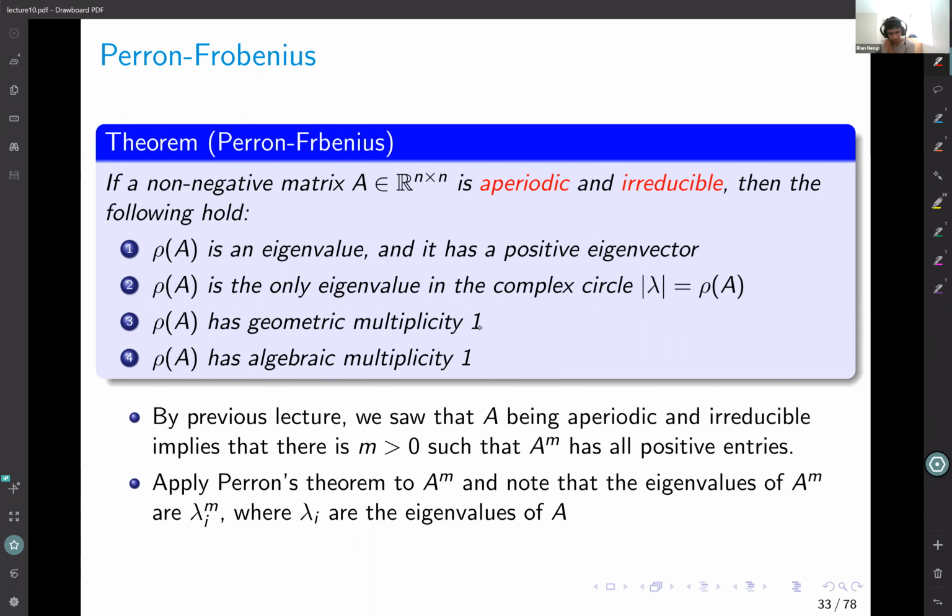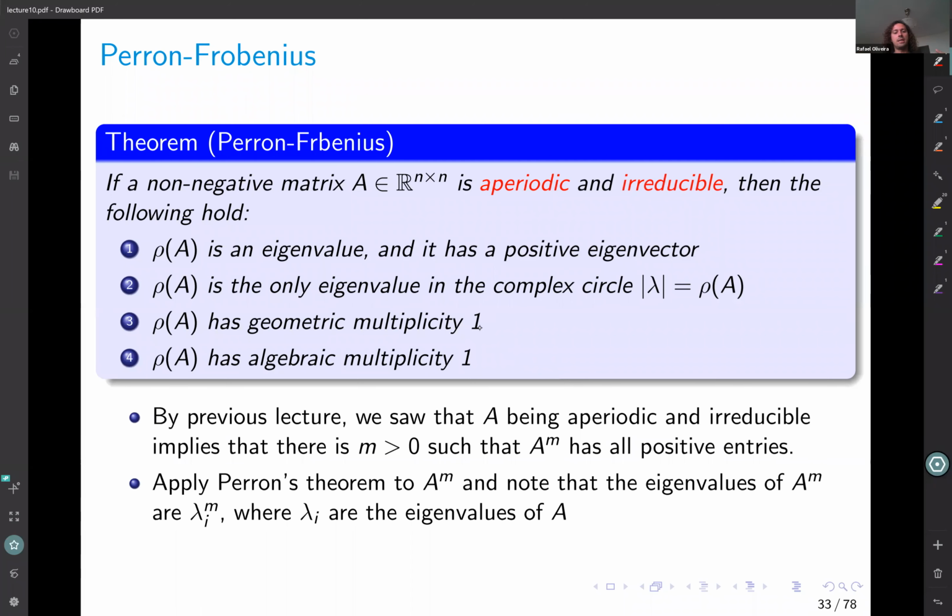Do you need irreducibility here for that statement? Like if the matrix is just aperiodic, then also there should exist m such that A to the m has all positive entries, right? Yes, but then if you're not irreducible, you could have more eigenvalues, because I can have direct sums of things.